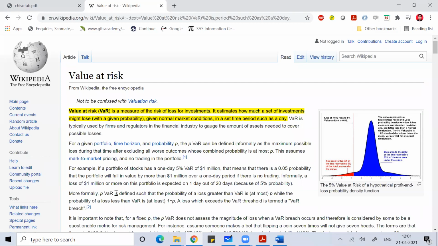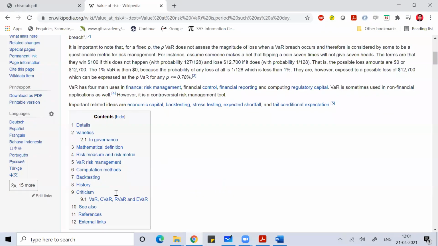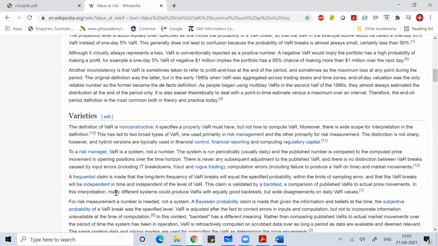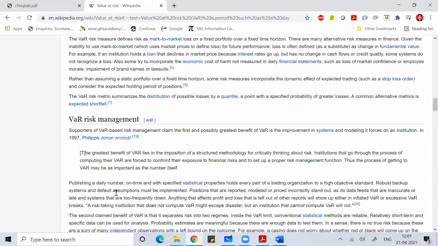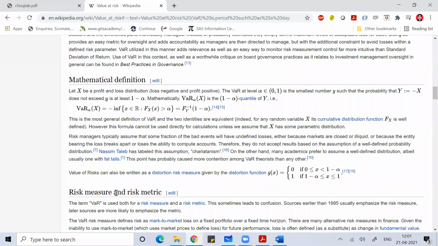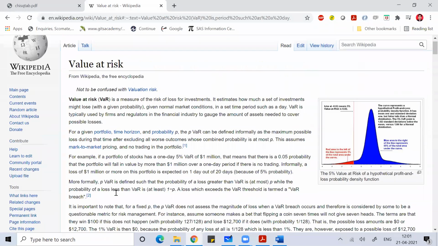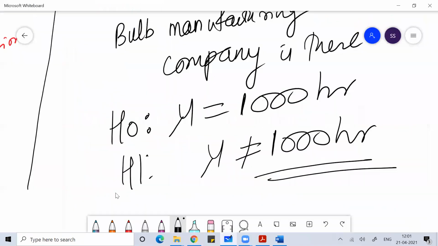We study risk in terms of VaR. You can do some research on VaR if you are really interested. If you want to do finance in future, if you want a job in the investment banking sector, you have to read about what VaR is all about, because in third semester, fourth semester, again it will come back to you.